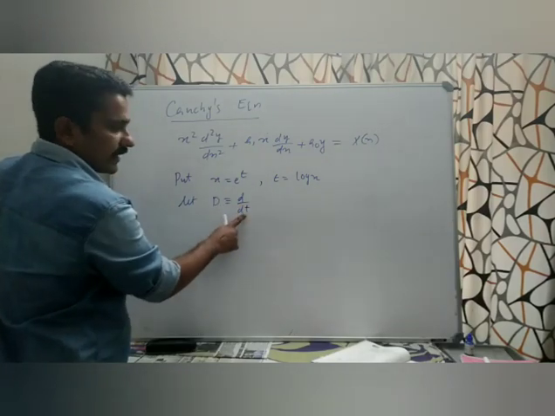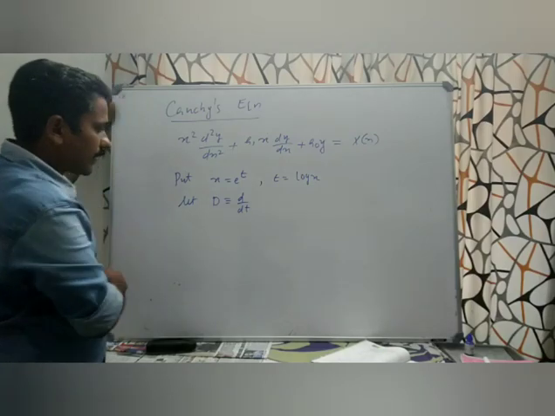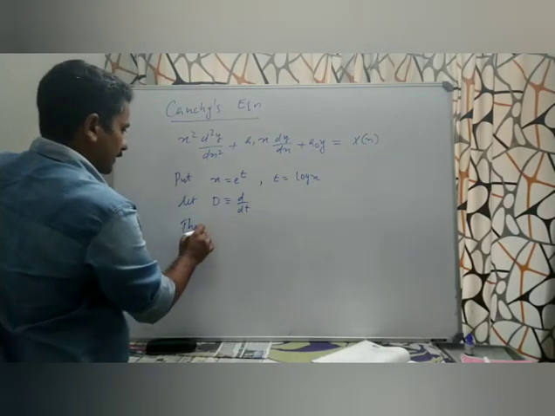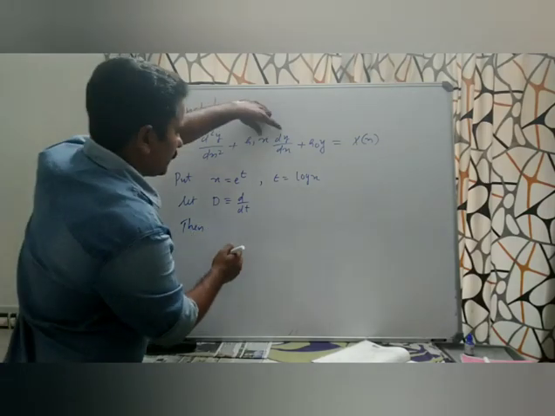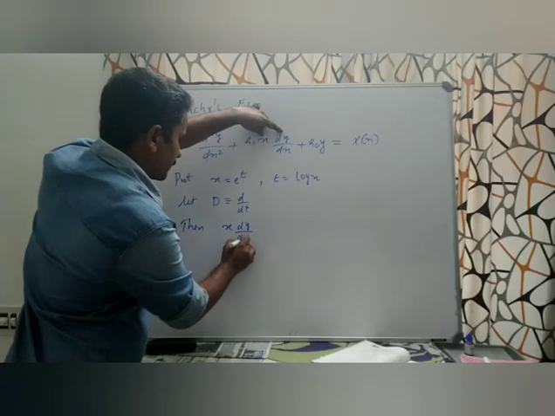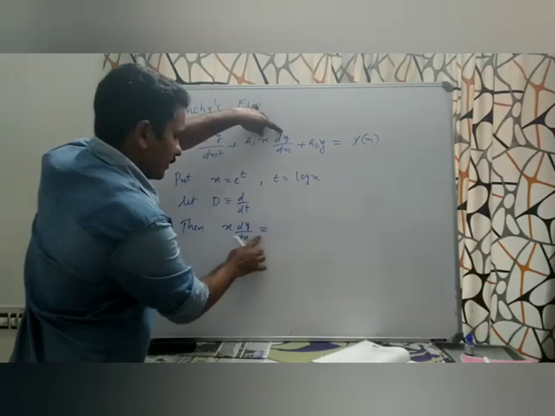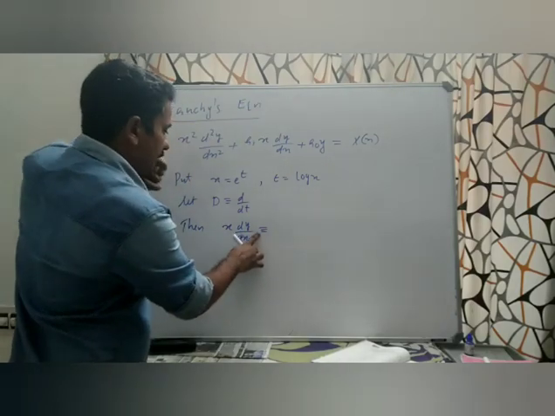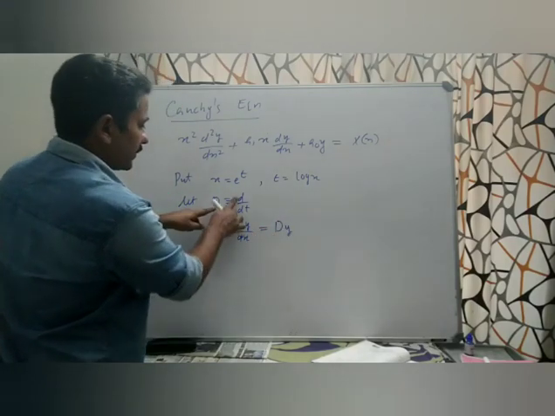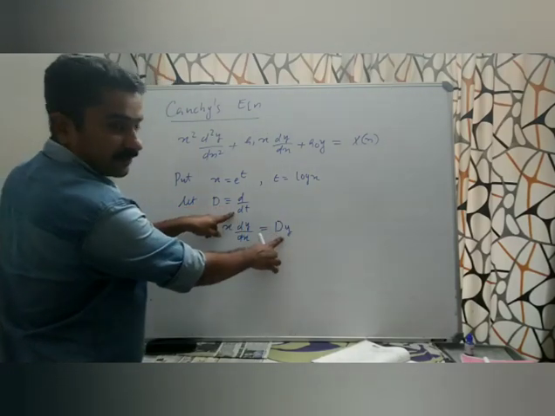Then x times dy by dx will be changed to Dy, where D is d by dt, that means dy by dt.